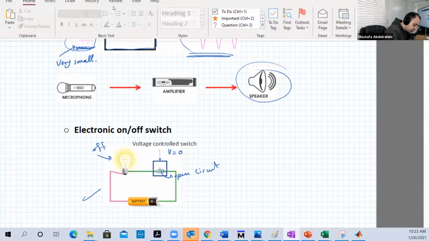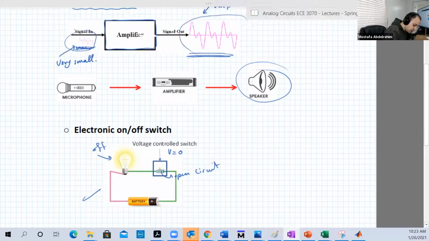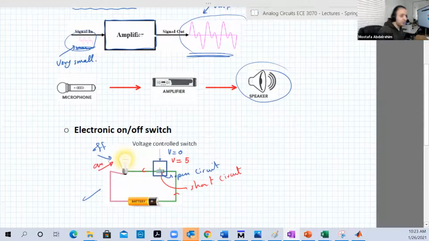If you send another voltage, let's say V is equal to 5, so some low and high voltage, then it will be a short circuit, and the current can flow, and this will be on. You can see the light. So you did this using a voltage. We're going to see this a lot in our course. What else?